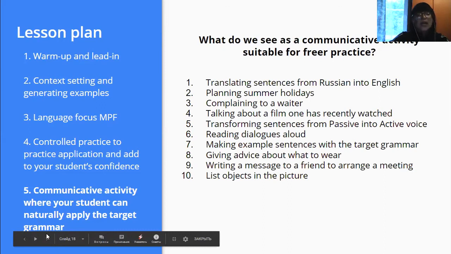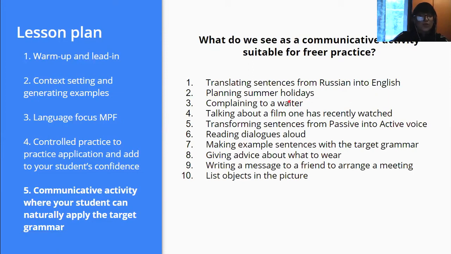Actually, communicative activities are the following. The second one, planning summer holidays. It's a purely communicative activity because there is an interaction between a student and the teacher. Complaining to a writer, undoubtedly, or I would say precisely, because again, there is some interaction and we're talking about production.